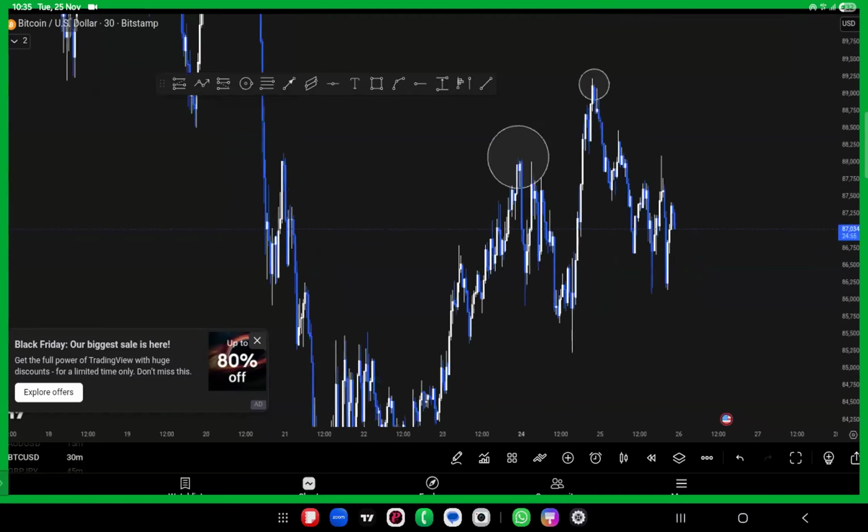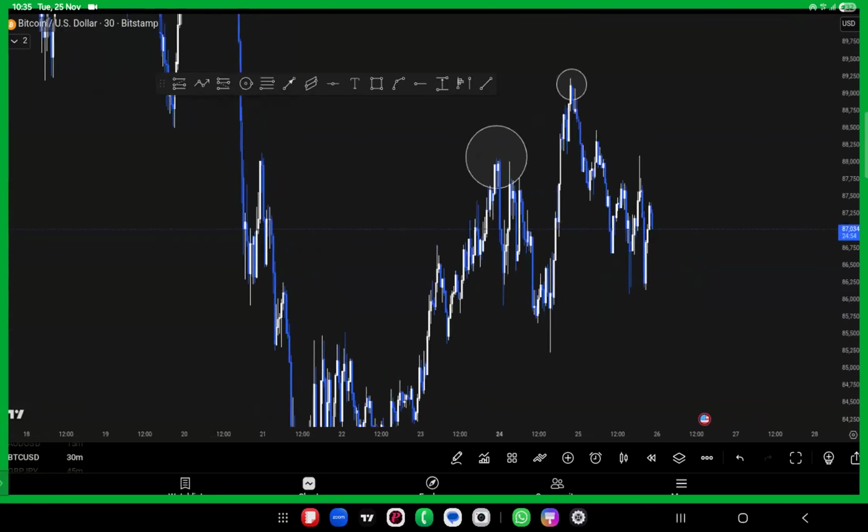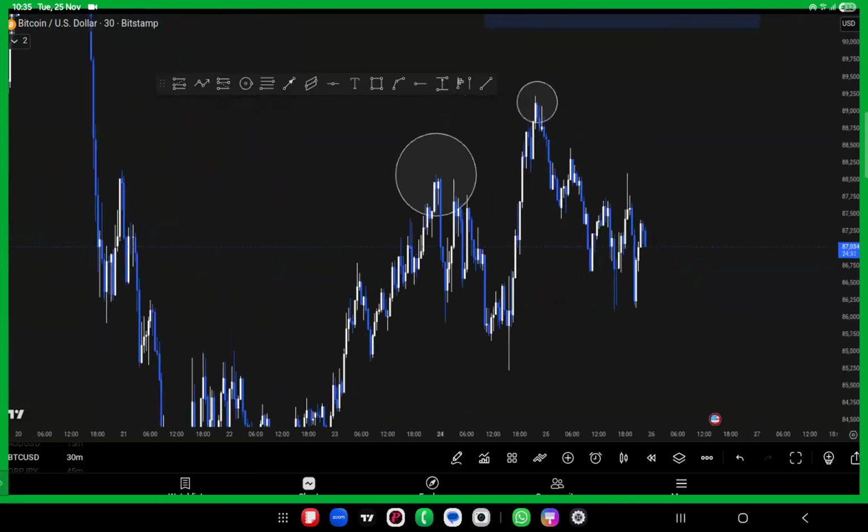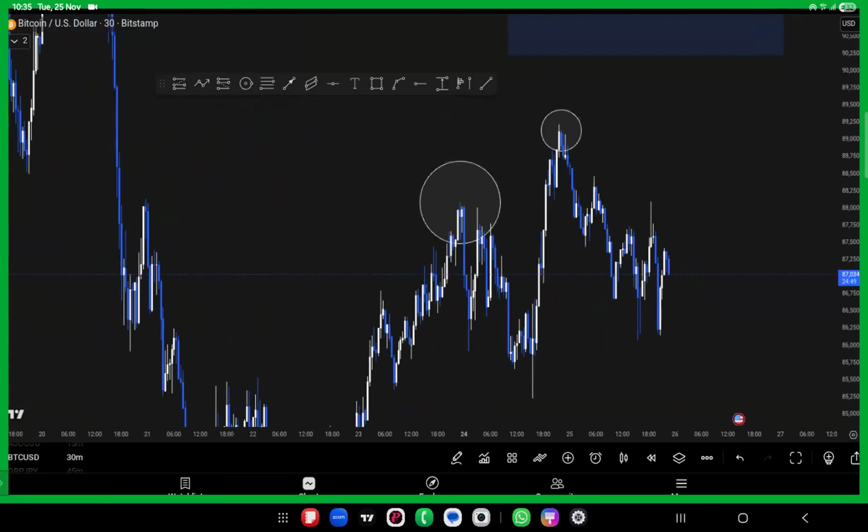Now, how can we differentiate between these two highs? That's where the concept of higher and lower comes in. One of the criteria for this concept is that you want to focus from the most recent to the past. You are not coming from this way, you are coming from this way.